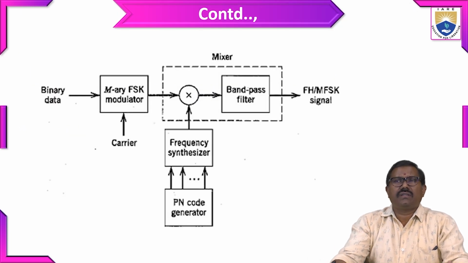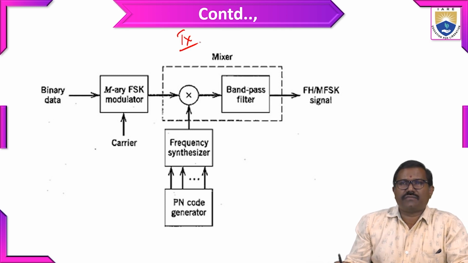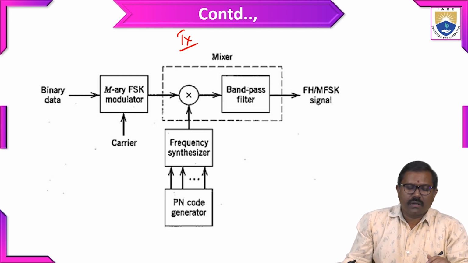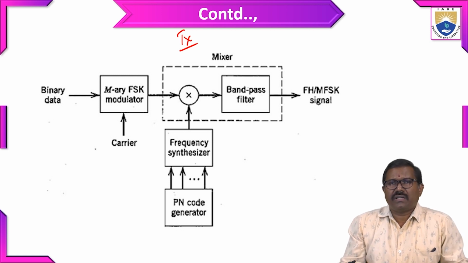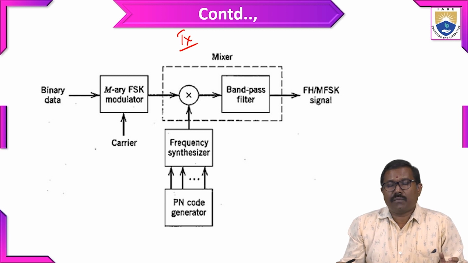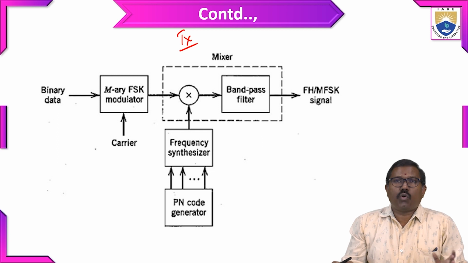Coming to the block diagram of the transmitter, this is the transmitter of slow hopping. In this picture we have an FSK modulator. Why? Already we said that this is the FH MFSK signal, the combination of frequency hopping and MFSK. The general idea of spread spectrum is double modulation.